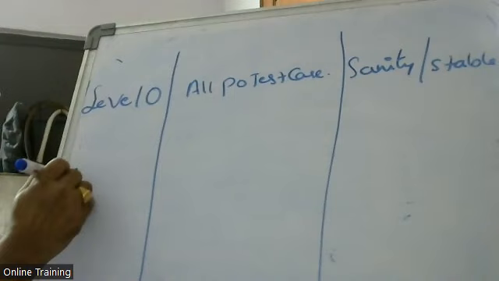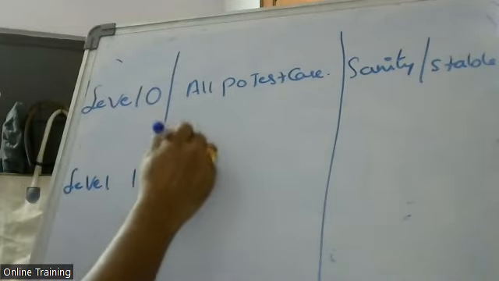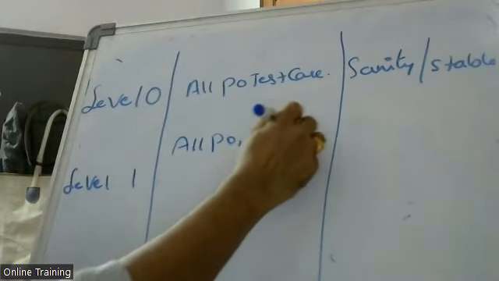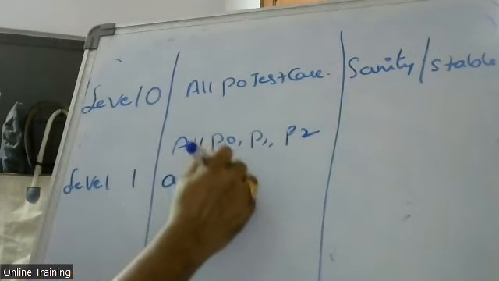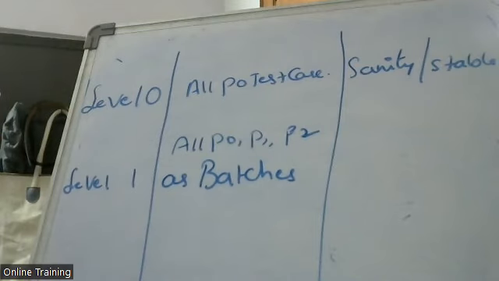Next, in level 1, we are going to do all P0, P1, P2 as batches. We are going to execute all your test cases sequentially.